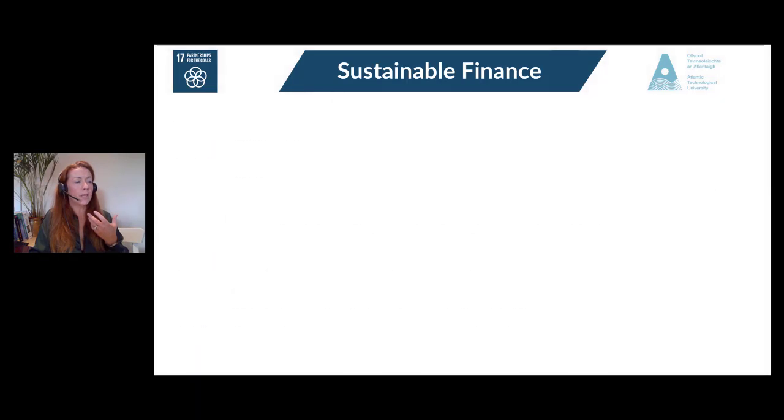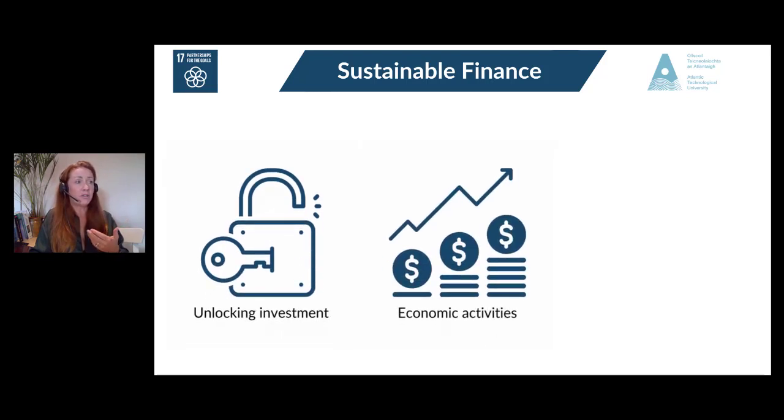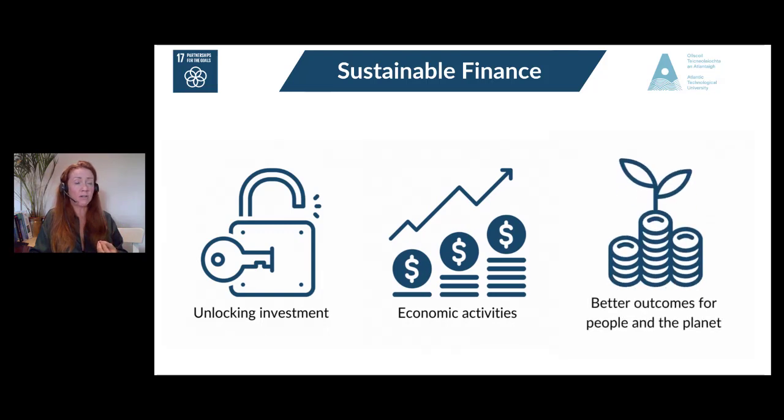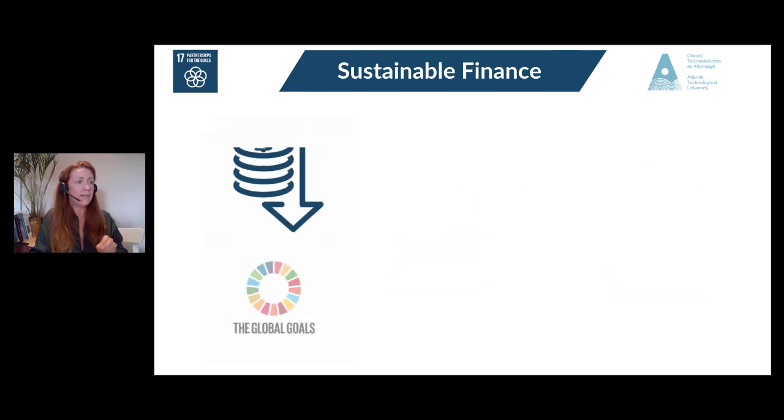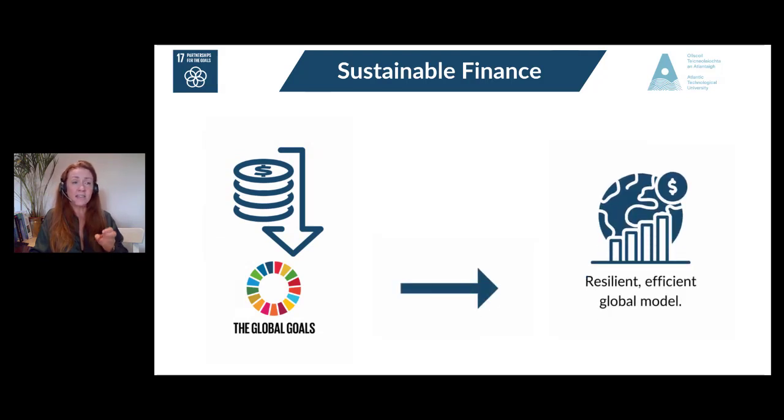So the concept of sustainable finance introduces the idea of unlocking investment for economic activities and projects that deliver better outcomes for people and the planet. It's considered that in this way it has a key role to play in funding the Sustainable Development Goals and the transition to a resilient, efficient and equitable global socio-economic model.